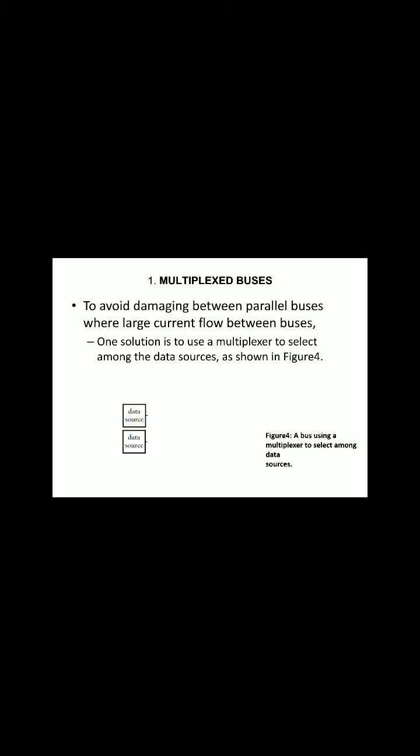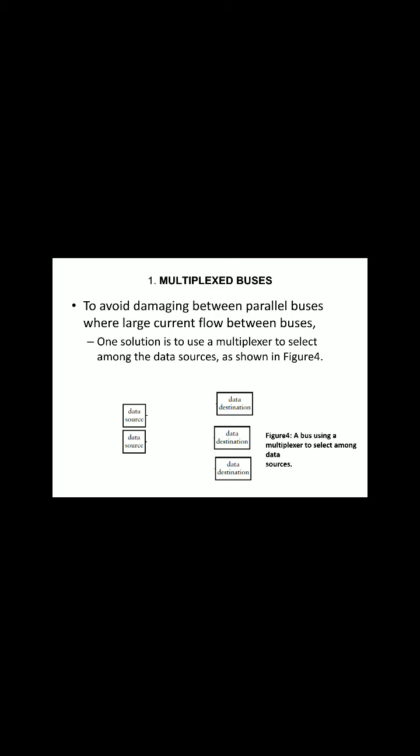As in this figure there are two data sources and three data destinations. One data source is passing three wire connections, the other data source is passing three wire connections, means a total of six wire connections, and all these six wire connections are passing through a single bus.